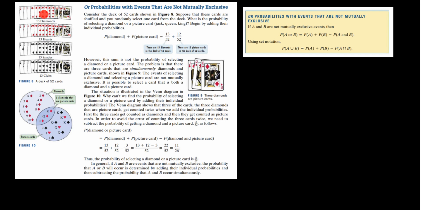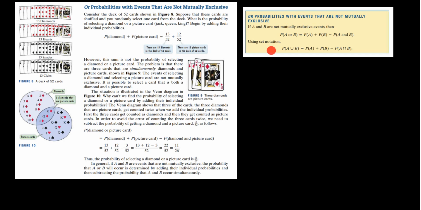So we subtract the face cards that are diamonds, which is just 3 over 52. The arithmetic is pretty easy: 13 plus 12 minus 3 is 22, and the denominator stays the same, 52. So there's an 11 over 26 chance of drawing a diamond or a picture card.